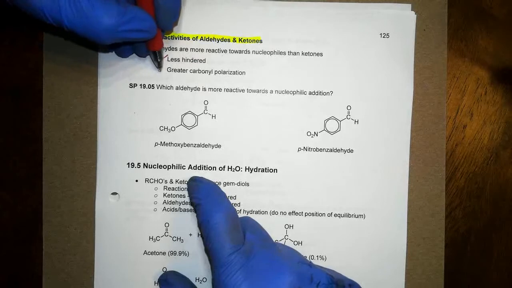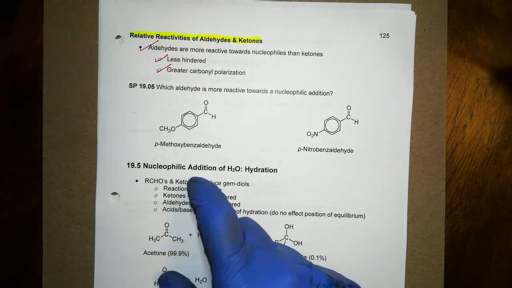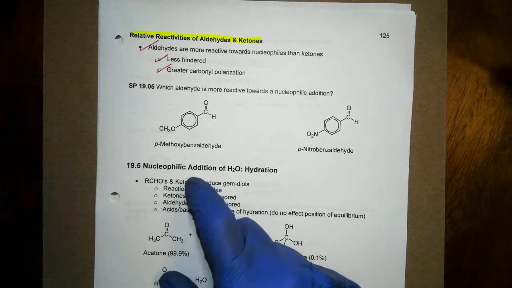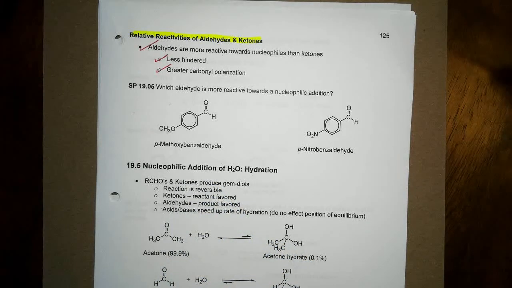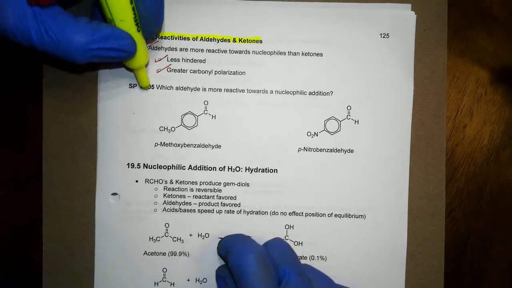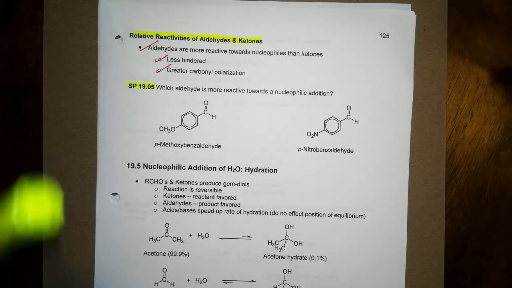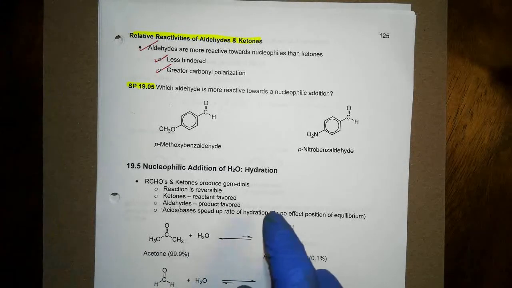But there's also a greater degree of carbonyl polarization. It's typically a more polar bond with aldehydes than with, for example, a ketone. Now, we said relative reactivity, so that means something is more reactive than something else, or less reactive than something else. What do you notice in common here?